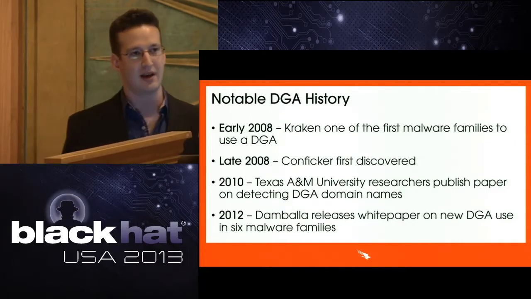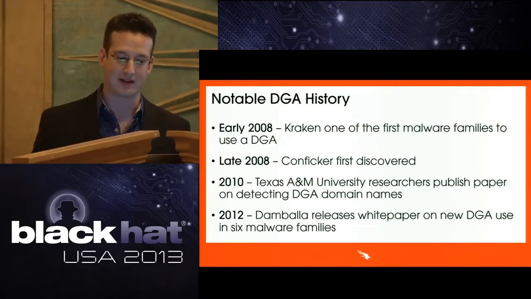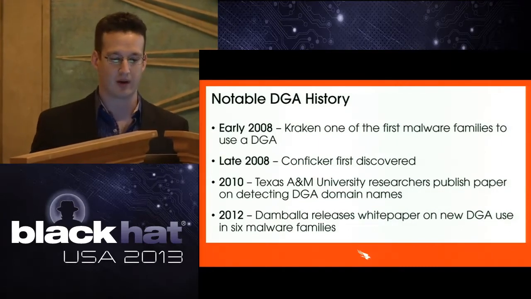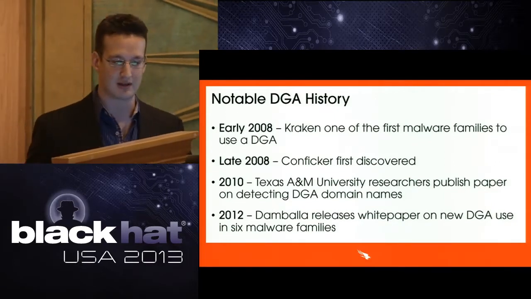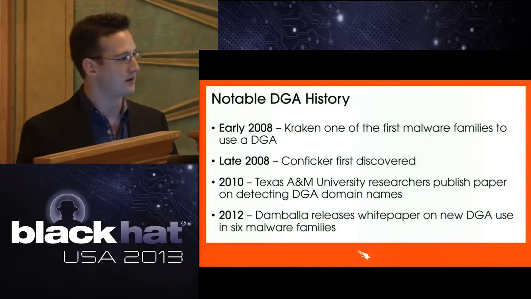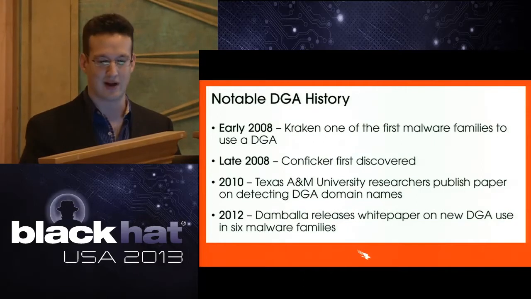Now in 2010, academia started to do some research on this and published a white paper. And last year, Damballa released a white paper on 6 malware families that use DGAs. But today I'm here to talk with you about a new malware family, a unique one, and the end-to-end analysis that we did on it.